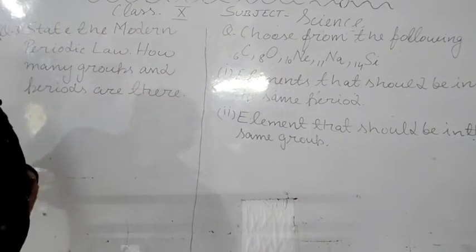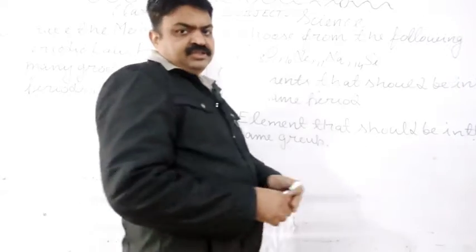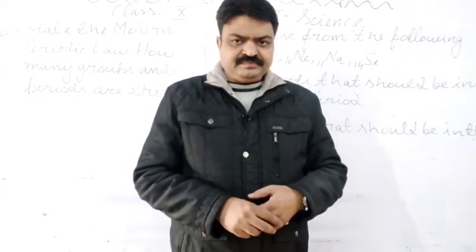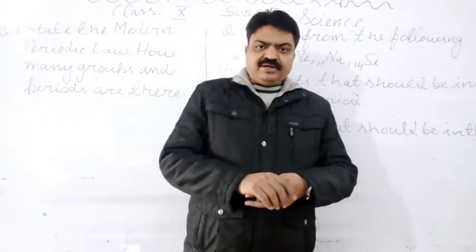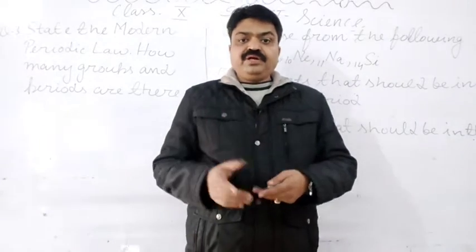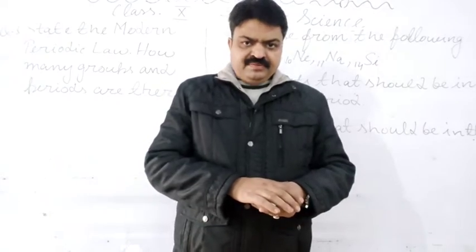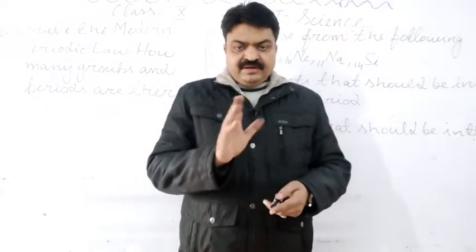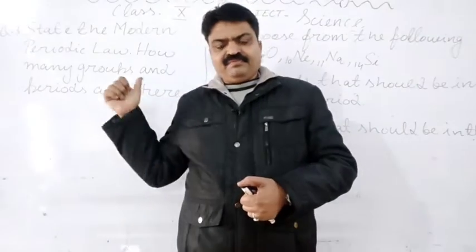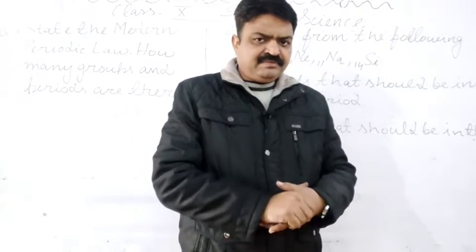State the modern periodic law. How many groups and periods are there? This question is generally asked in the board exam. What is the modern periodic law? The physical and chemical properties of the elements are the periodic function of their atomic number. But what is the Mendeleev periodic law?